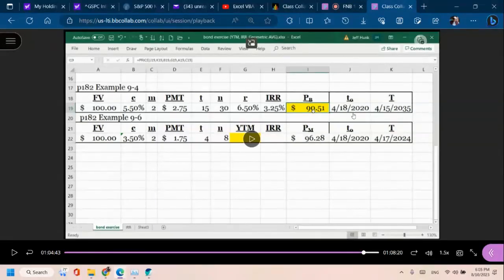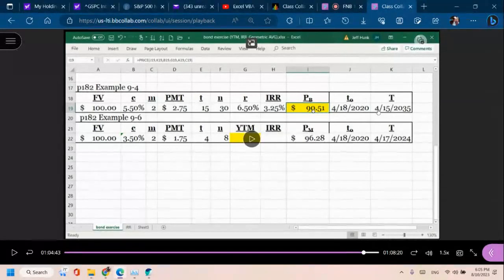In Excel's built-in function, the purchase date is called the settlement date.